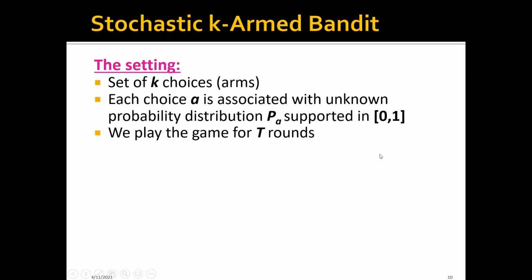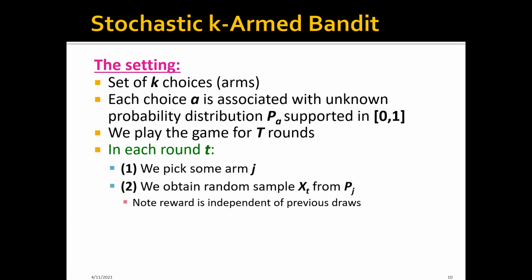And then we will play this game for T rounds. In each round t, we will first pick some arm, let's call this j, and we draw some random sample x t from the distribution corresponding to P j. Remember, this can be, for example, a Bernoulli distribution, and drawing the sample is like flipping a coin.